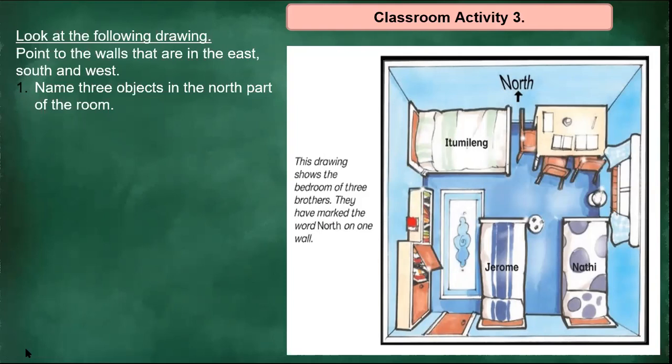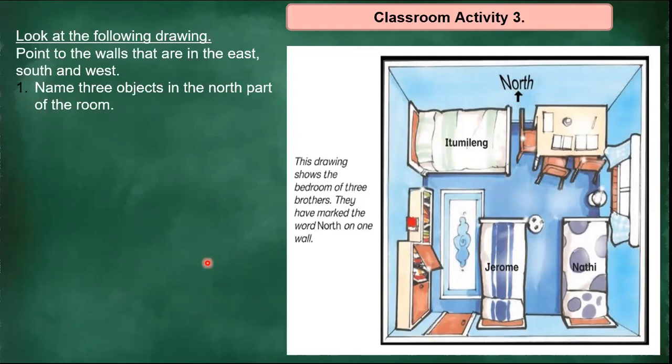Okay, we have Minenhle. Ma'am, it is Itumeleng's bed, the desk, and I think it's also the bin. I can't see the bin.